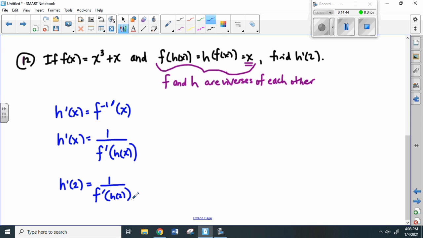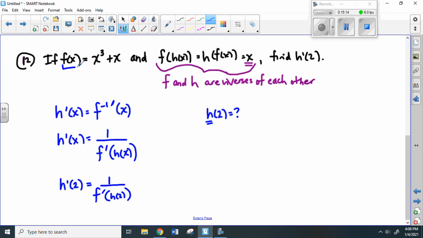All right, so I've got numbers plugged in. That means I need to know what h of 2 is. All right, well, I didn't give you information like I gave you in the last one. So how am I going to find h of 2? Okay, well, because h of x is the inverse of f of x, when x equals 2 for h, that means y equals 2 for f.